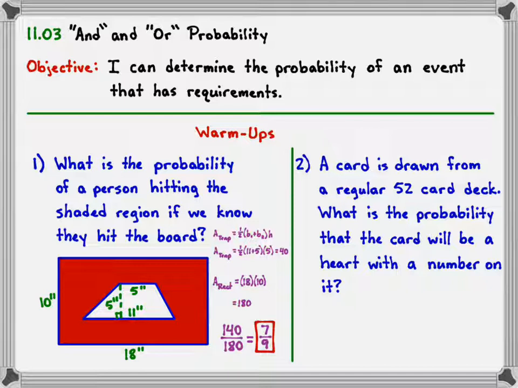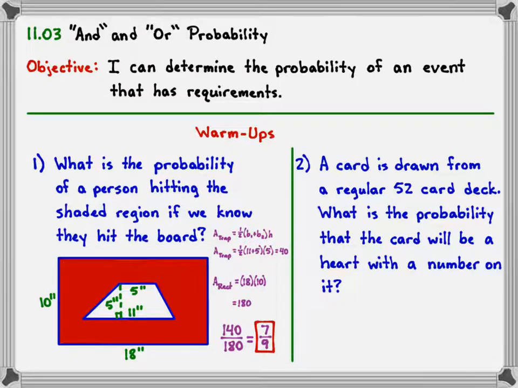Another way to look at this is the idea of complementary events. The idea of hitting the red region is the complement of hitting the trapezoid. So remember, the probability of hitting the trapezoid plus the probability of not hitting the trapezoid is equal to 100%, or equal to 1.